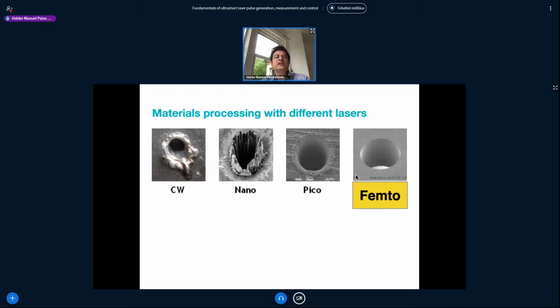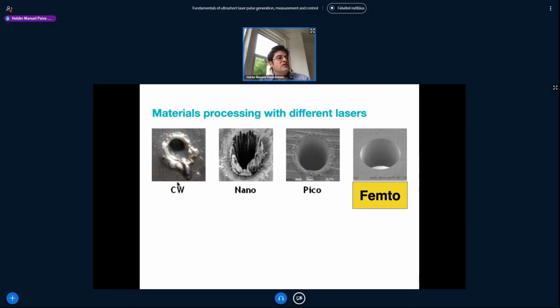And this is very clear when we look at an image here of a hole made with a standard continuous wave laser, which we call CW for short. A continuous wave laser is always working, so it's a continuous beam, and if you put a material in front of it, you can, of course, drill a hole, but you're going to have a lot of side effects from the thermal effects associated to this interaction.